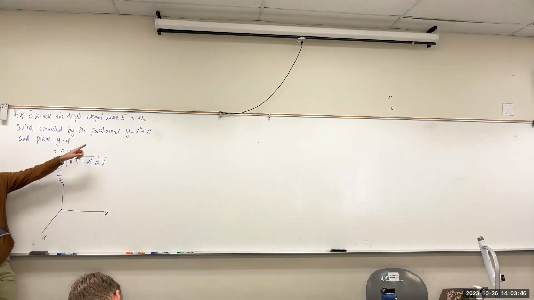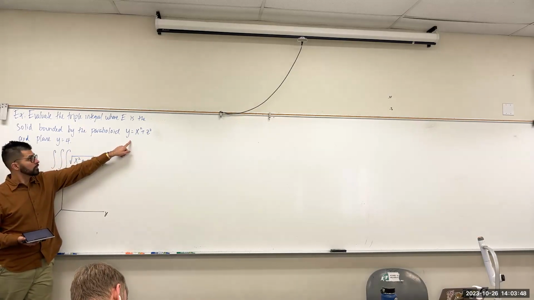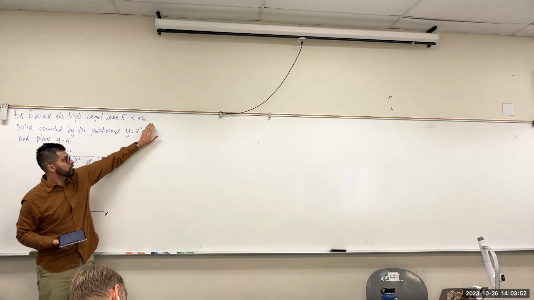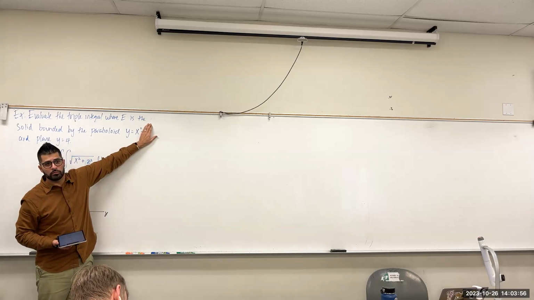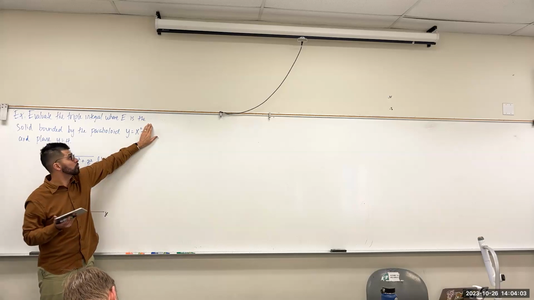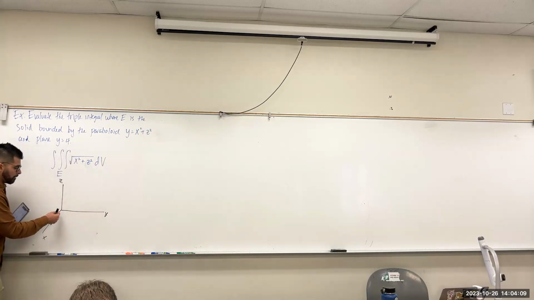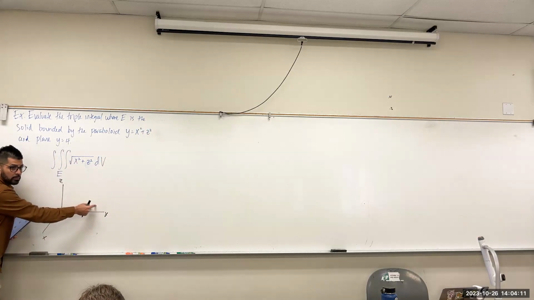So you've got this paraboloid here. Let's say you have z being 0. What would the trace of that be? Z is 0, or what is the shape of that? Parabola. Well, opening towards which axis? Opening towards the y-axis. So it'd be like some parabola kind of going this way, right?